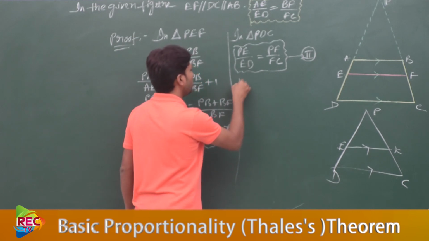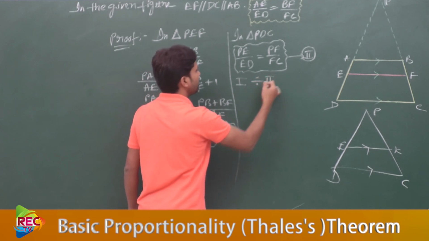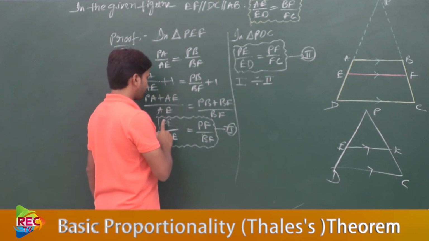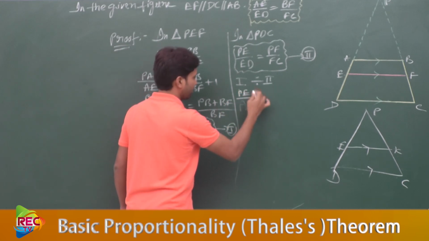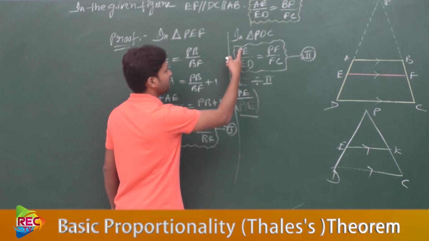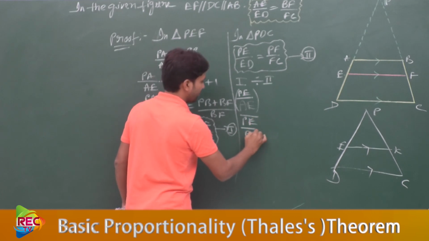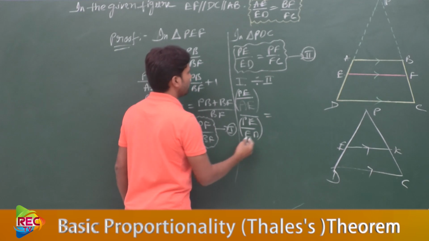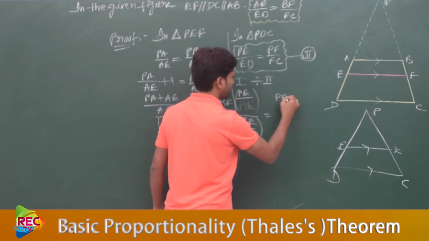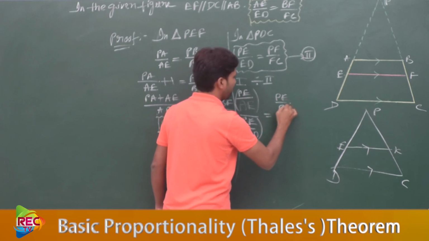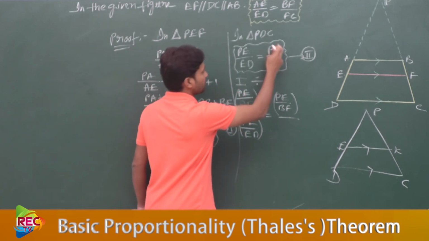What happens? 1 divided by 2. So what happens here? PE by AE divided by, what is the LHS part over here? PE by ED equal to, again, what is the RHS part here? PF by BF divided by, what is the RHS part over here?